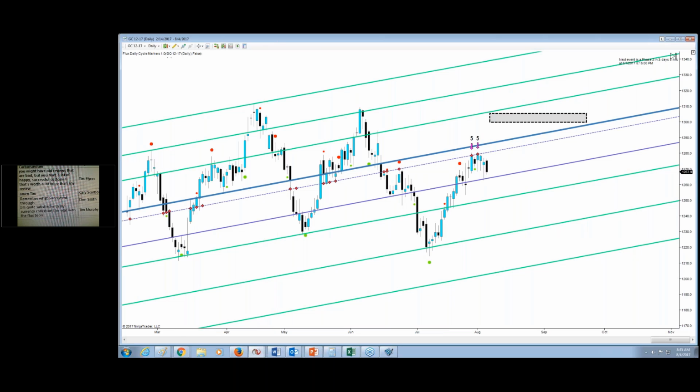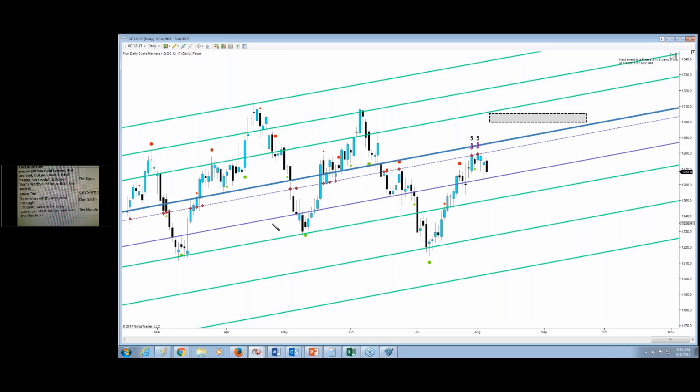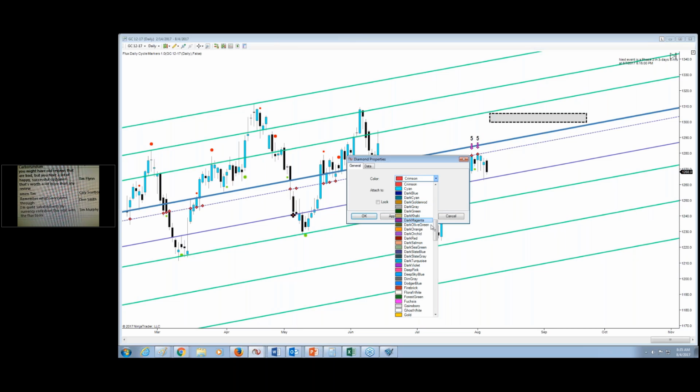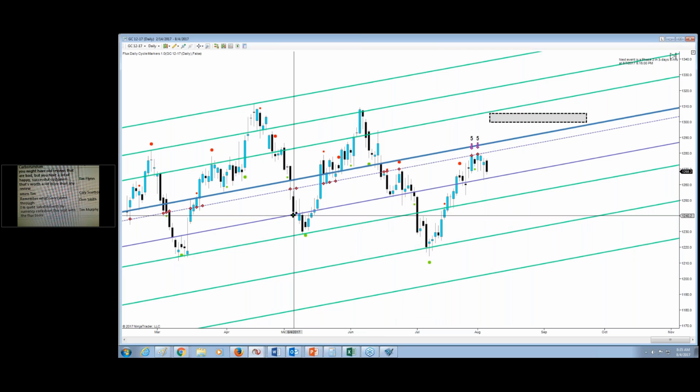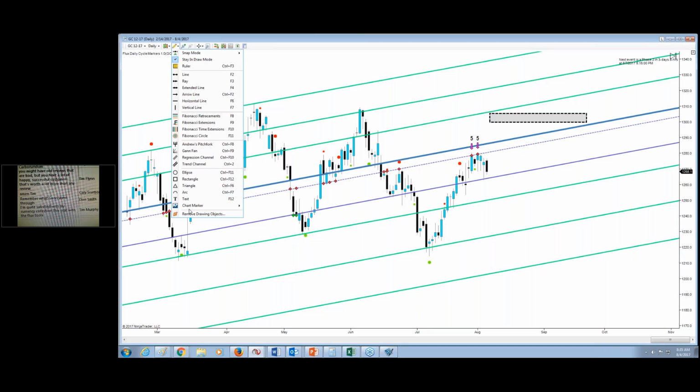So the reactions along the bottom are equally impressive. So we're going to change this diamond now to a green. And yeah, I swing, and you've seen me swing, so you know that's not unusual for me.